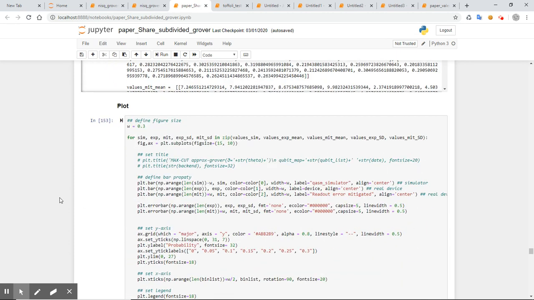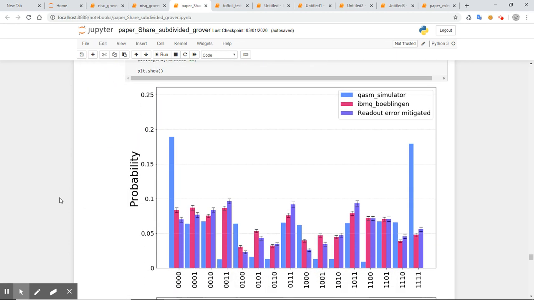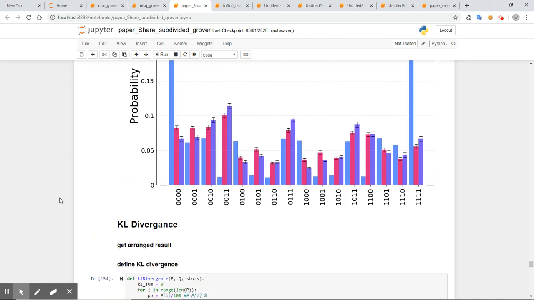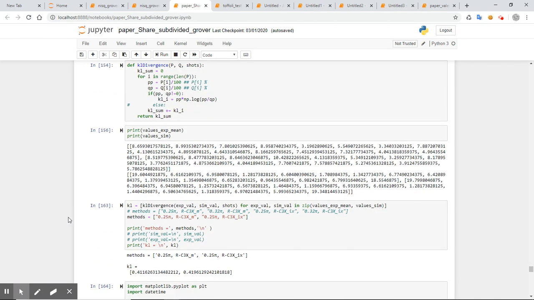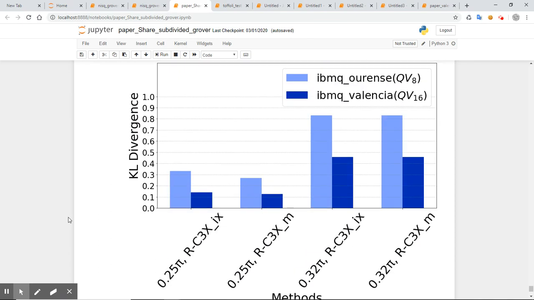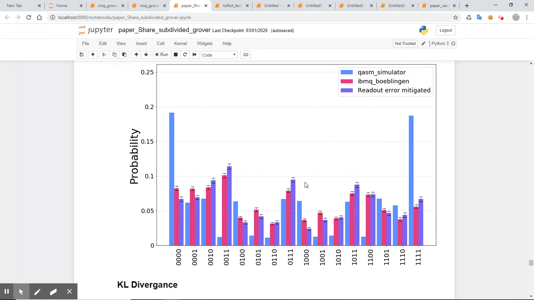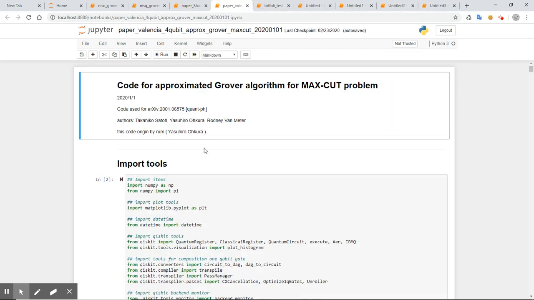Plot results. Yeah. And if I look exactly here with the 4 qubits, it didn't work either. But then they did this with another machine, right? That was this one in here.